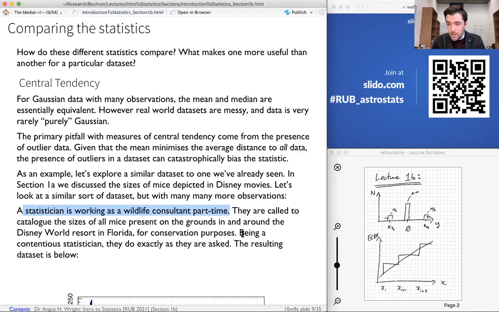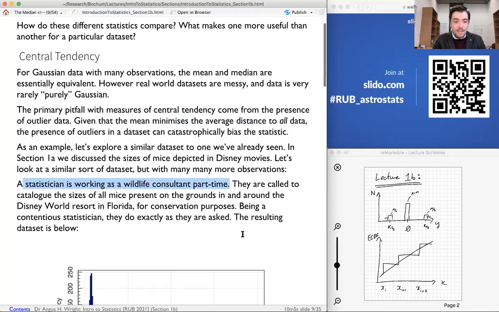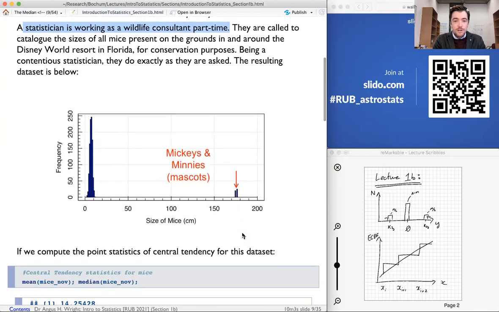Now, being a very conscientious statistician, they do exactly as they're told, and they calculate the average heights of all of the mice in and around the Disneyland Resort, all of the actual animal mice, plus the mascots of Minnie and Mickey.